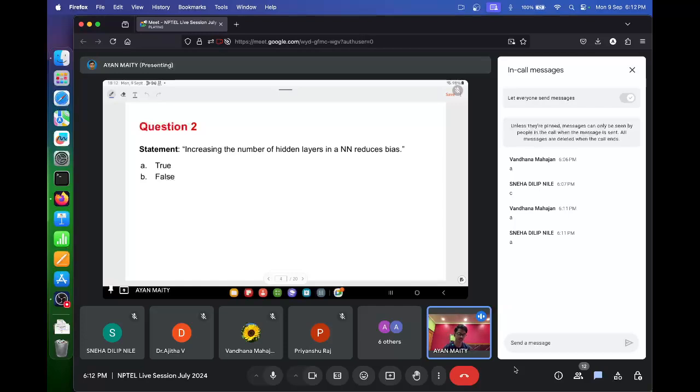Vandana says option A, Sneha also says option A. Anyone else?